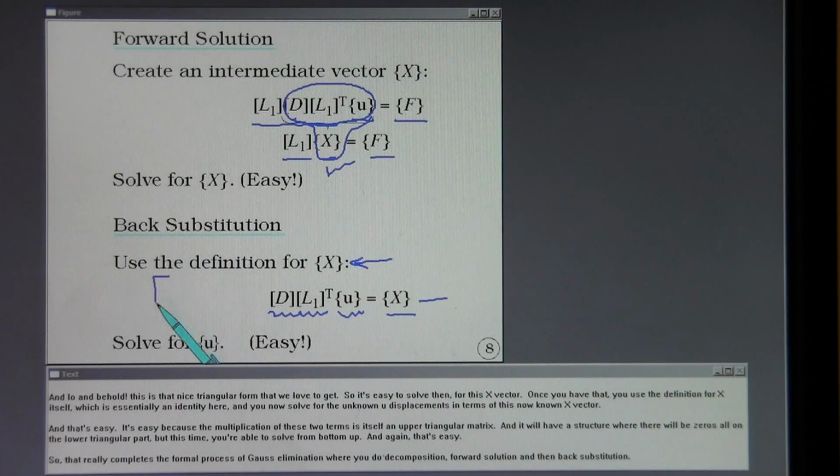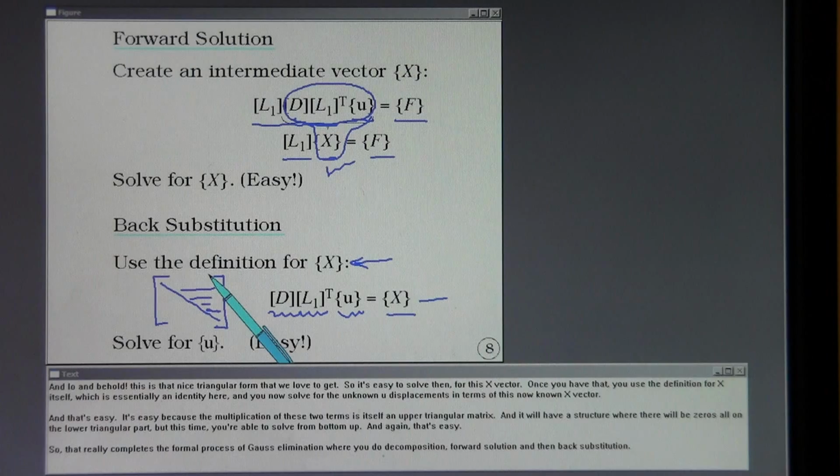And it will have a structure where there will be zeros all on the lower triangular part, but this time you're able to solve from bottom up. And again, that's easy. So that really completes the formal process of Gauss elimination, where you do decomposition, forward solution, and then back substitution.